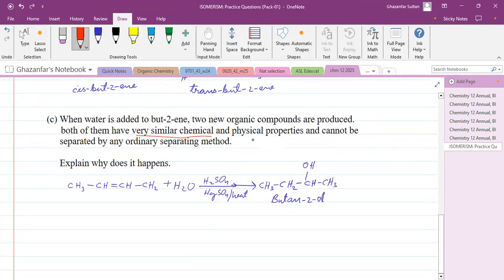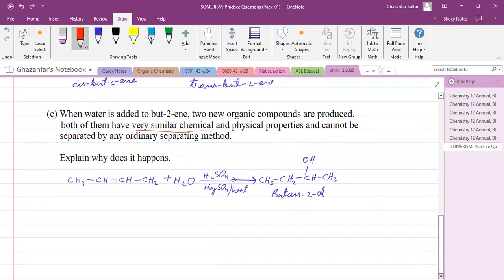This very similar is also for physical properties. So it cannot be separated by any ordinary separating method. So it also emphasized that these could be enantiomers. And definitely, if we are just adding water, so how can we get two organic compounds? In a way that there are two optical isomers.